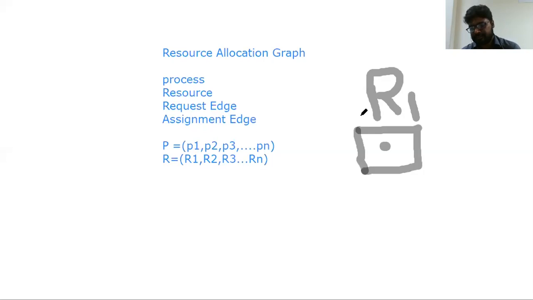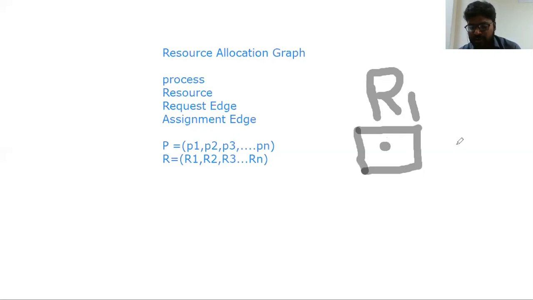Got the point? So R1 is a resource. It is a simple rectangular box. A resource is represented in the form of a rectangular graph. So only one dot is inside this rectangular box, so one instance of the resource is there.